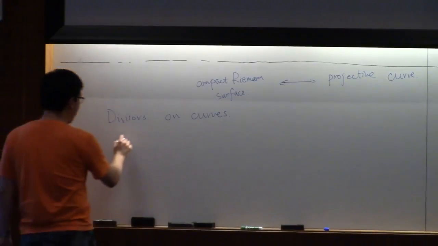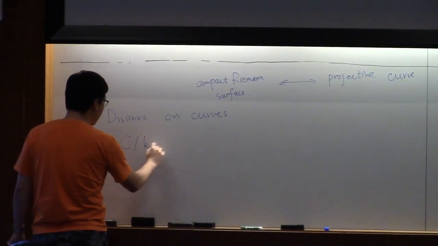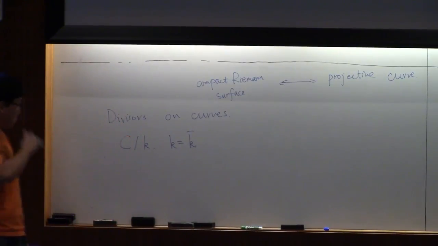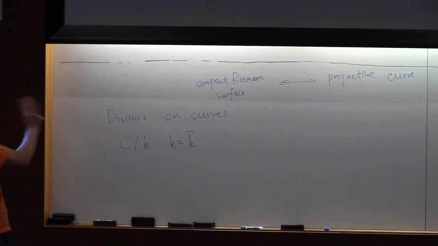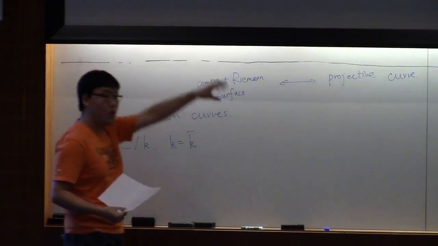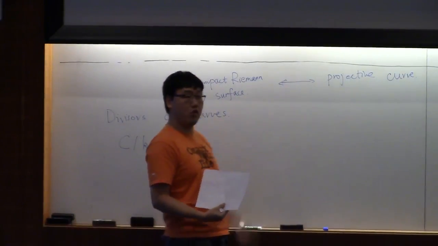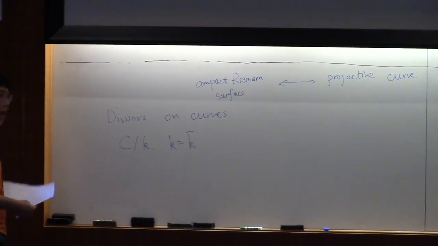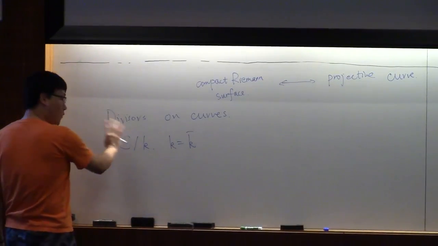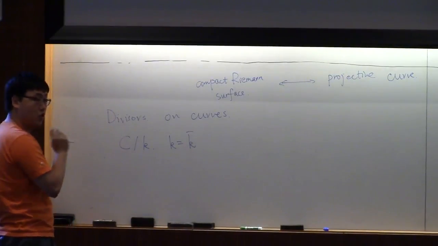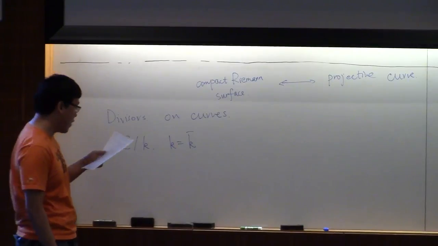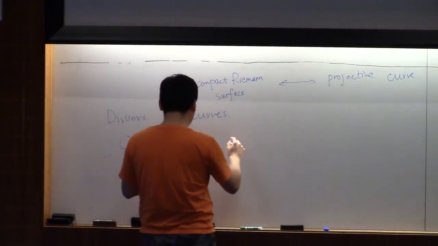Let's start from the definition when the base field K is algebraically closed. This is not the object we want to study, because we want to prove the Weil conjecture for projective curves over finite fields, but a finite field cannot be algebraically closed. But for the definition, it is better to start from projective curves defined over an algebraically closed field.